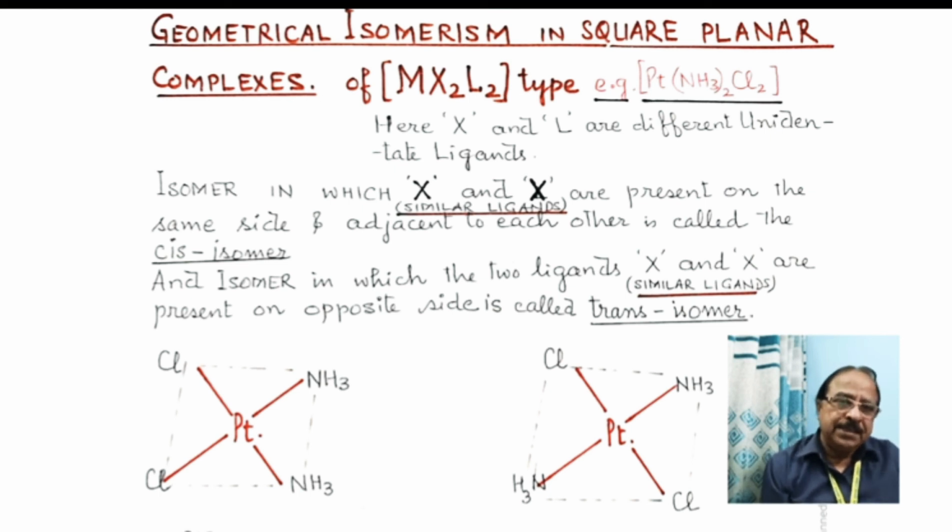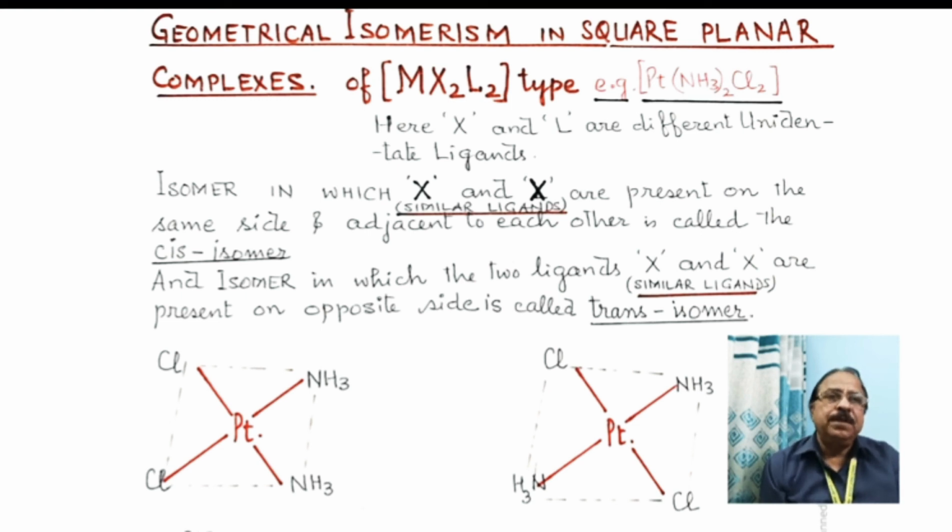Now let us see the second example, the trans isomer. Here, platinum is present in the center and the two chloride ligands are present opposite to each other. Similarly, the two ammonia ligands are also present opposite to each other. Such isomers are known as trans isomers.